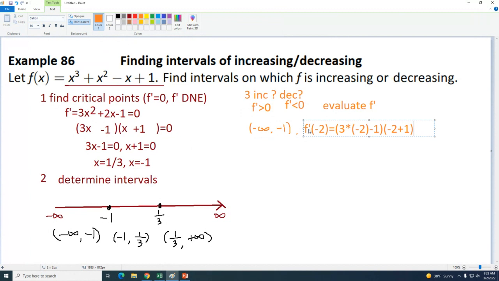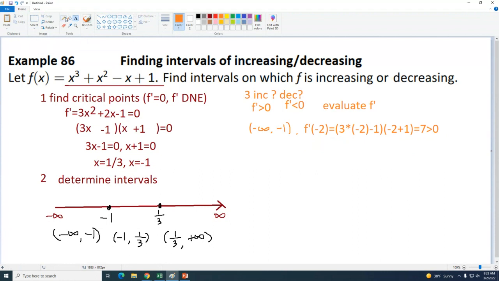It turns out it's -7 times -1, which is +7, and it's positive. So I know on this interval the function is increasing. I'll just write increasing, because it's positive. Any questions so far?